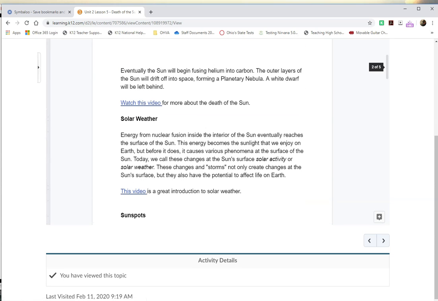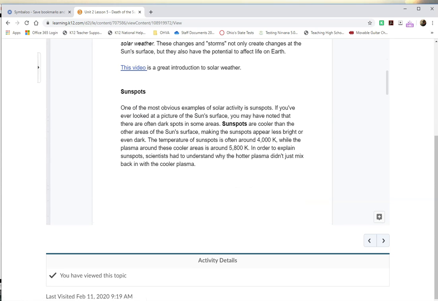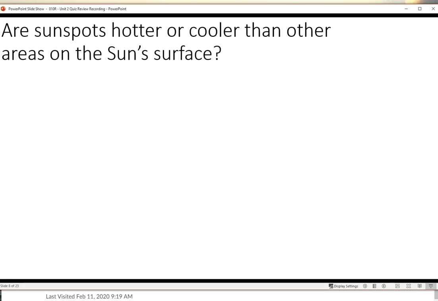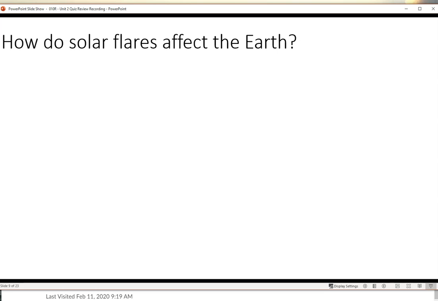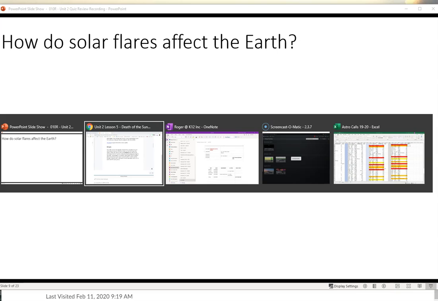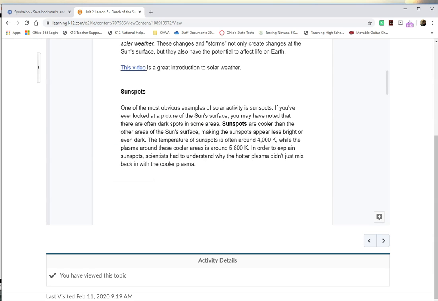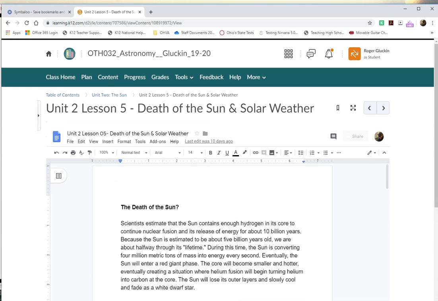There's more here about the life cycle of the sun, and then solar weather and sunspots. How do solar flares affect the Earth? Now, solar flares come under the category of solar weather, and again, that is in Lesson 5 here. Death of the sun and solar weather are bundled together there.